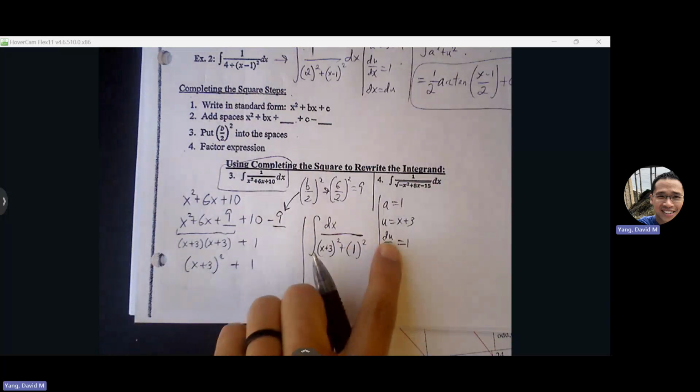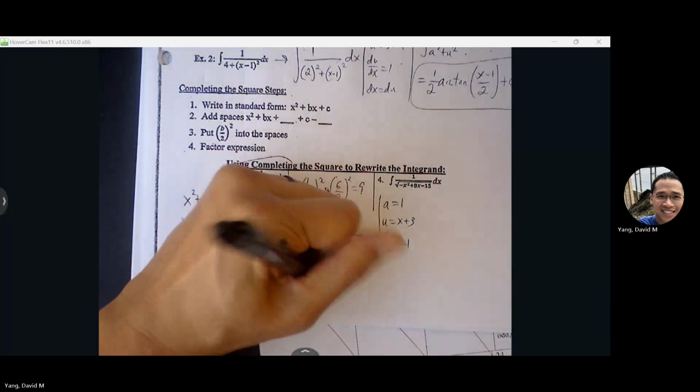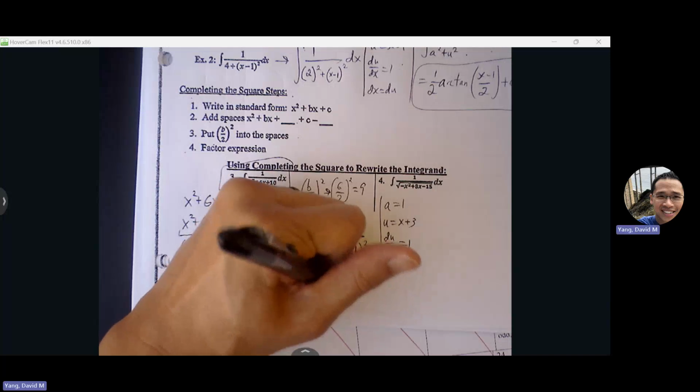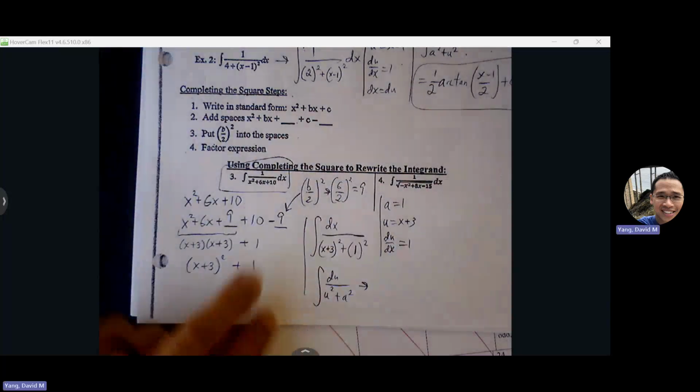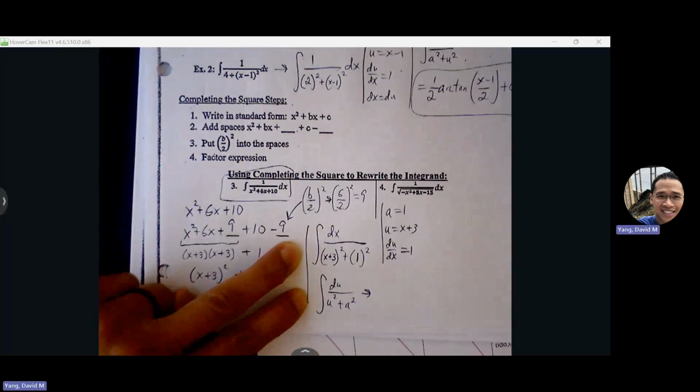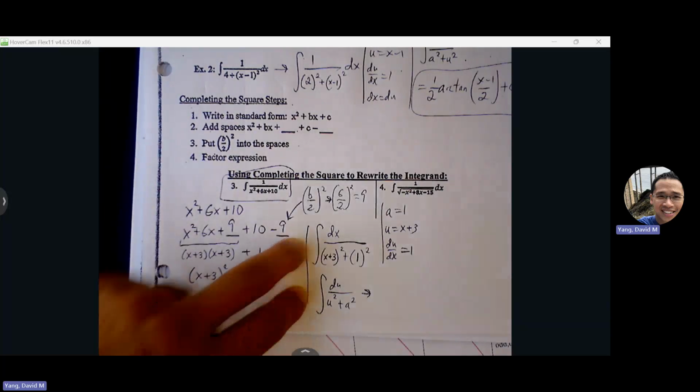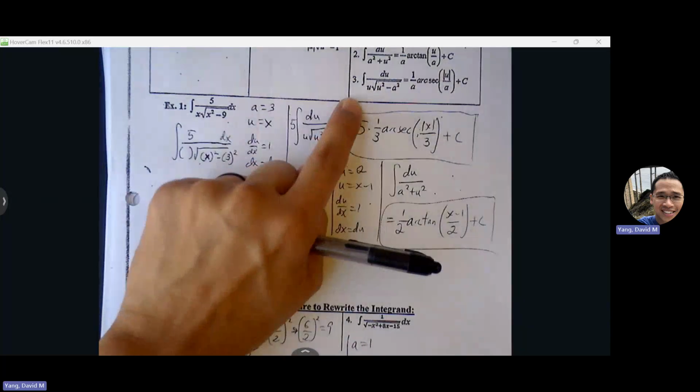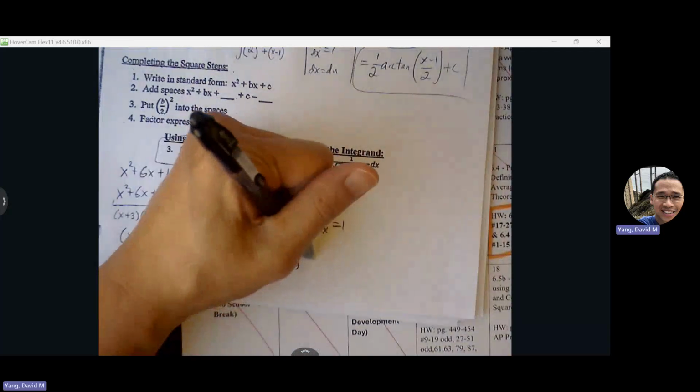Okay, so we make our substitutions here. dx is replaced with du. The variable is the u. The constant is the a. Once we do that, this is our way of convincing ourselves that whatever leftover coefficient we can keep track of, as well as the fact that we have a rule that we can follow, which is the second rule. So now we just follow the rule. 1 over a.